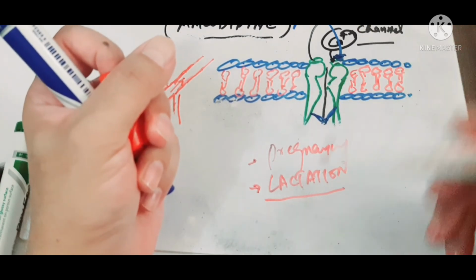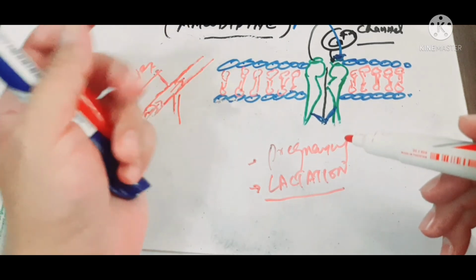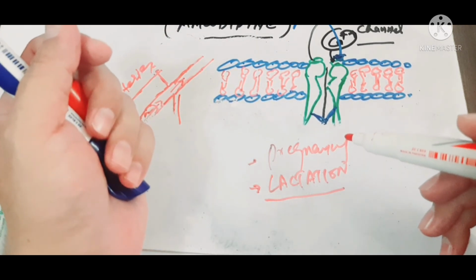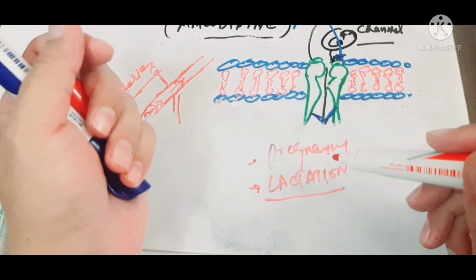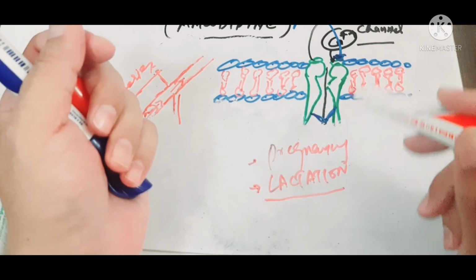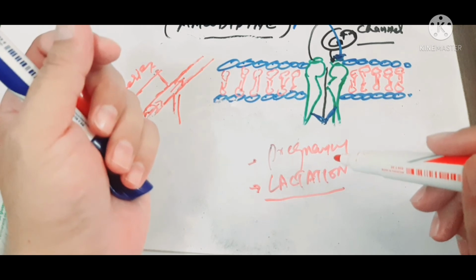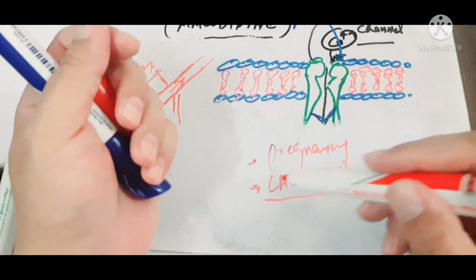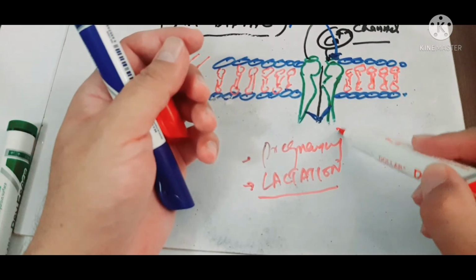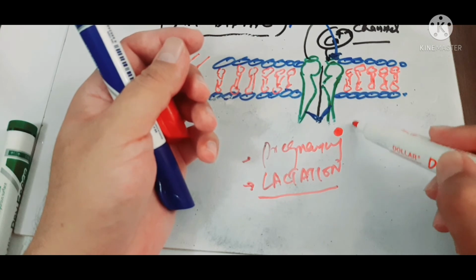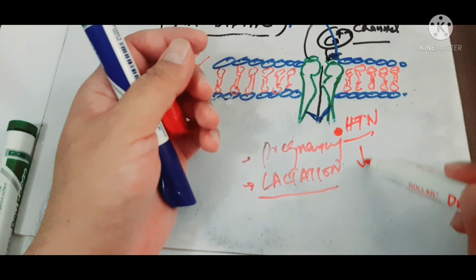And when we block this with the calcium channel blocker, the dihydropyridine group, that is amlodipine, there is no influx, and the mechanism which is activated when the calcium gets inside is blocked, and there is vasodilatation of the blood vessel, and it can lead to our target action, which is a decrease in blood pressure. So this medication is used for hypertension, and it decreases the blood pressure in this way.